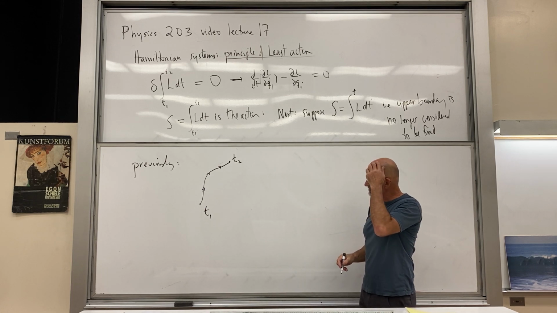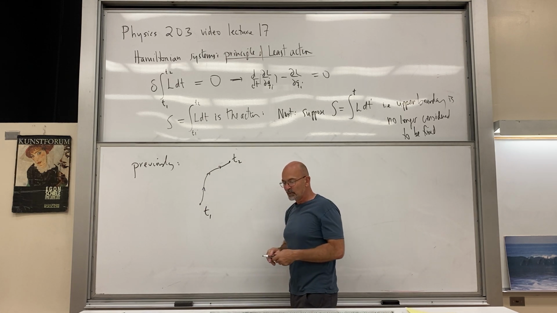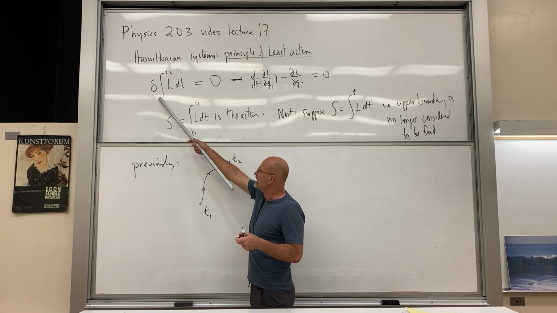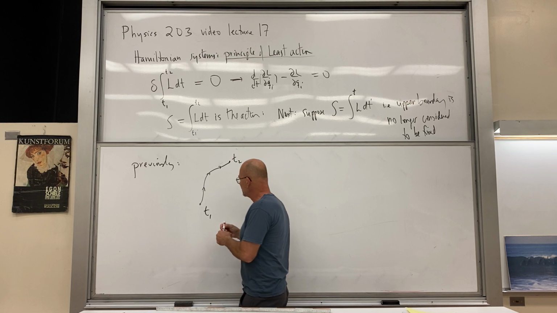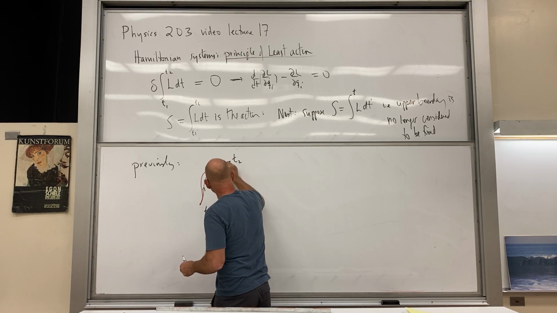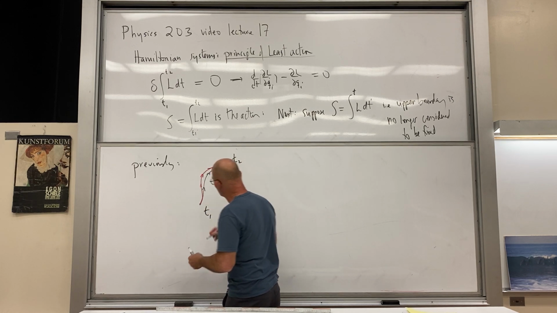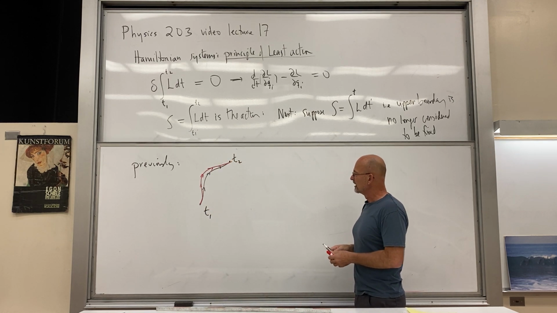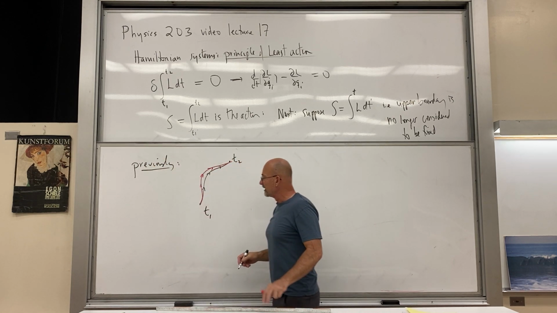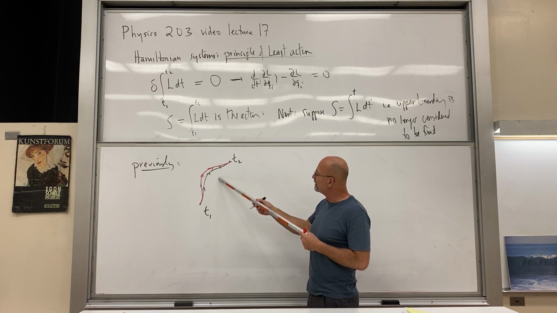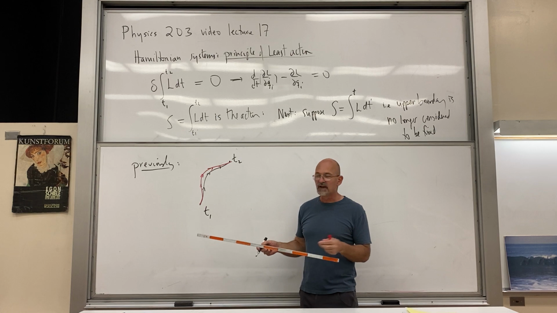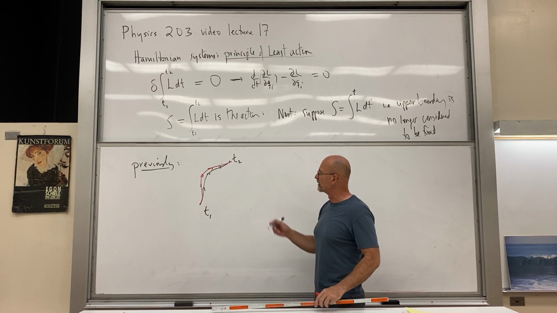And these points were fixed, and what the variation meant, what this operation did, was to keep the endpoint fixed and to vary the path. Using another color, it's the famous picture. And then we had a necessary condition that this actually be a minimum. When we calculated the action along the red path, it was always greater.